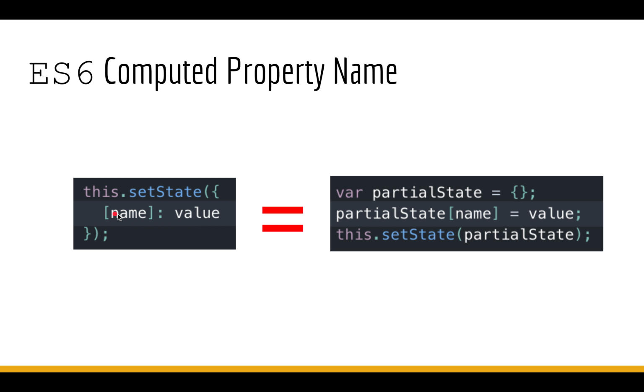For example, if I knew that this was going to be isGoing or numberOfGuests. But here, by passing this in square brackets, JavaScript is actually going to evaluate the value of name and then use that result, so the value of name, as the key that will then be updated with this value. If this doesn't make sense, again, pull over a TA and they can help you out. But I just wanted to highlight this in case this looked abnormal to you when I was going through the previous slide.